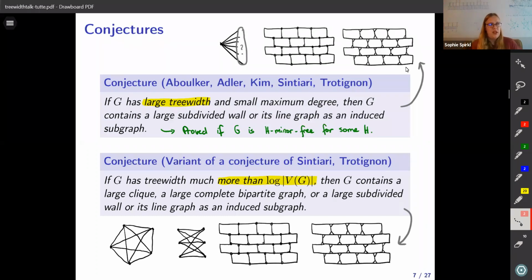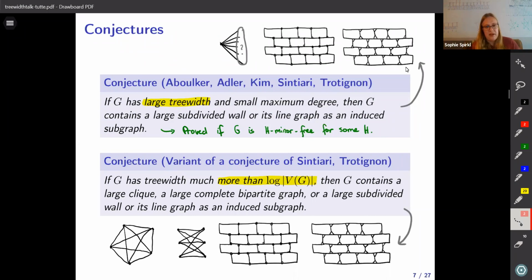And the second conjecture says maybe things like layered wheels are the only way to make tree width large. That's not these 4 initial things we described. So maybe if you don't contain these 4 things, where I mean some big copy of one of these things, then all you can do is have tree width grow logarithmically in number of vertices.